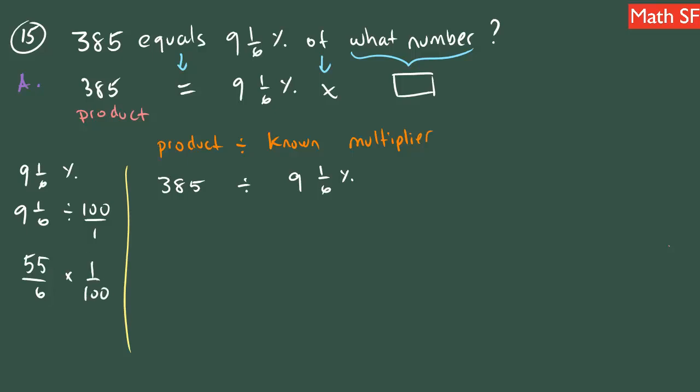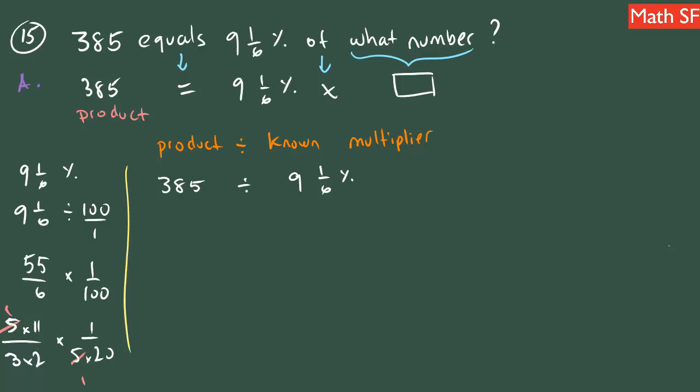So let's see if we can reduce or simplify something here. 5 times 11, over 3 times 2 times 1 over 5 times 20. Yes, I was able to reduce here. So the 5s go away, and you're pretty much left with 6 times 20, which is 120.